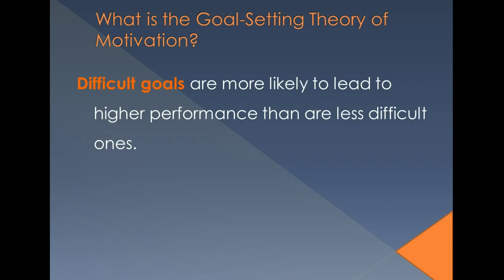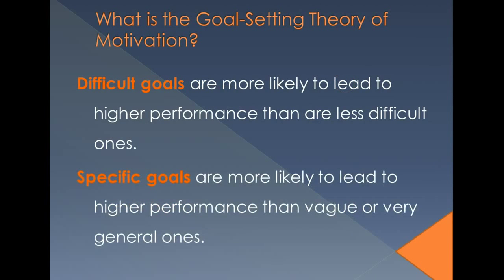Okay, so now here's some of the theory. If it's a difficult goal, it's going to lead people to higher performance. Think of setting a bar that you're trying to jump over. If it's a very high bar, you may not jump over it, but it's going to lead you to a higher jump than a bar that's set much lower.